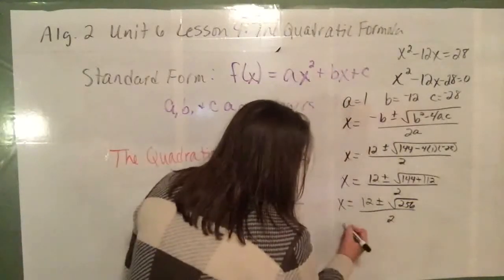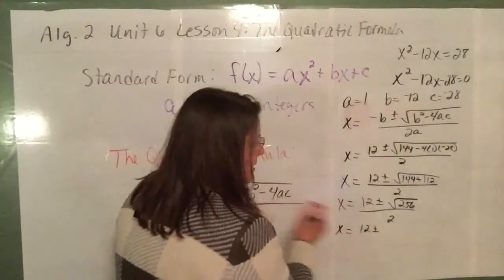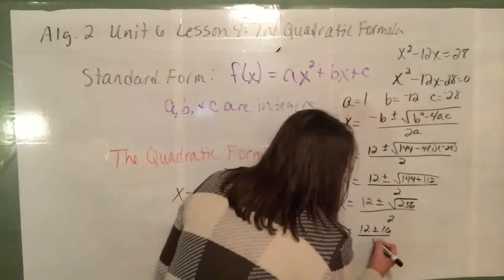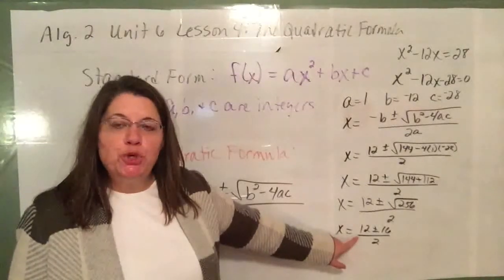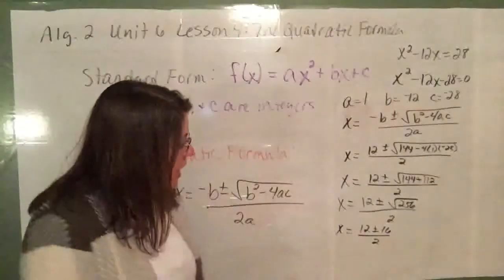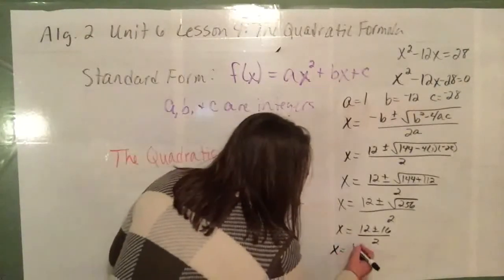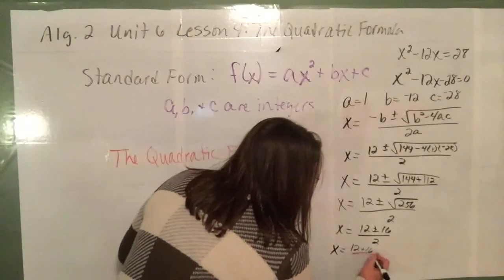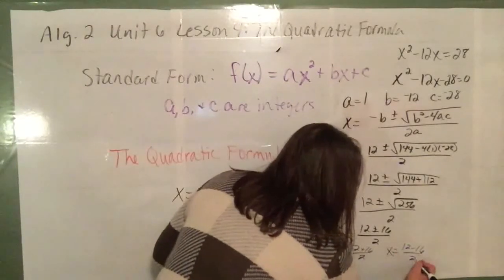Still over 2. So then x equals 12 plus or minus the square root of 256, which is 16, over 2. When you get here, you do not want to leave it like this. You've got two answers here. If you notice, you can separate this into two different math problems: x equals 12 plus 16 divided by 2, and x equals 12 minus 16 divided by 2.